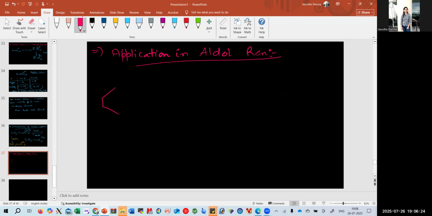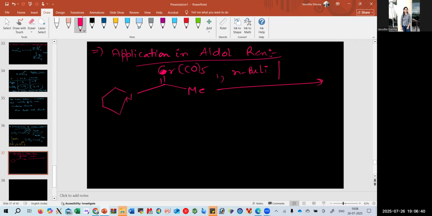So for example, we have this Cr(CO)5, a kind of catalyst, and we are firstly using butyllithium at -70 degrees, and the other part, the substrate that we are having is this one. It has to undergo the aldol reaction.